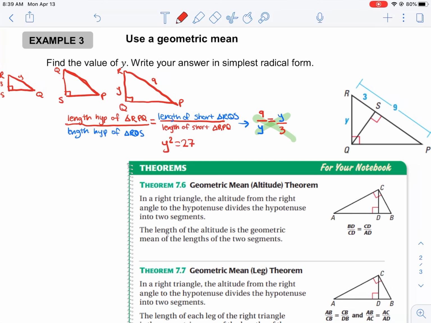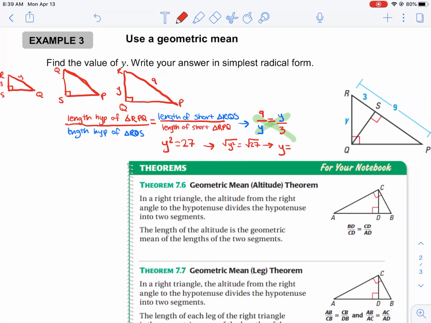Now to get rid of a square, you need to take the square root of both sides. So we're going to take the square root of Y squared equals the square root of 27. When we do that, we just drop our square on the Y. And the square root of 27 is not a perfect square. It's okay to put it in your calculator and just get a decimal. Lost my calculator.